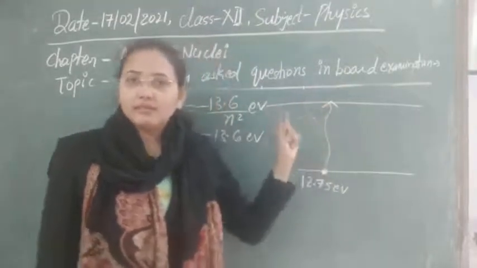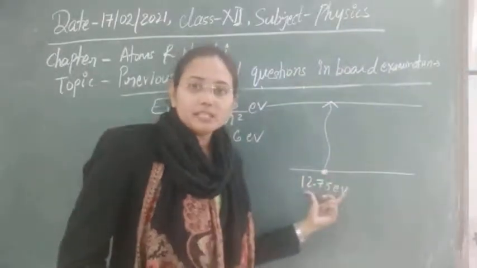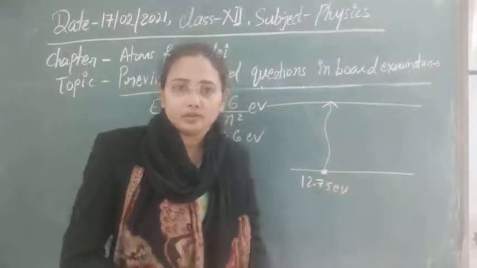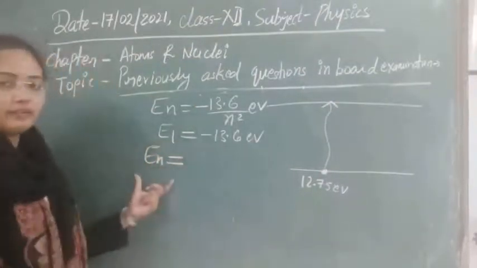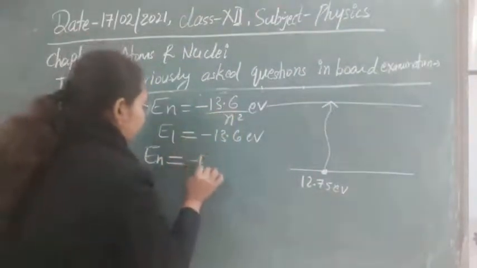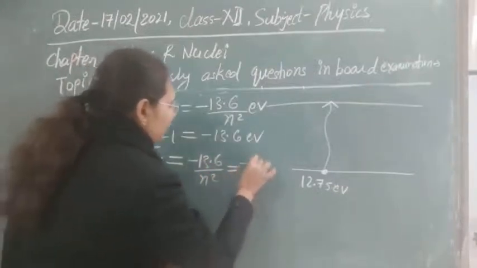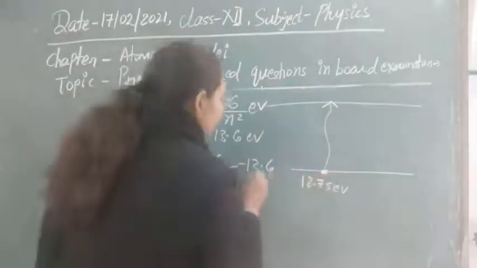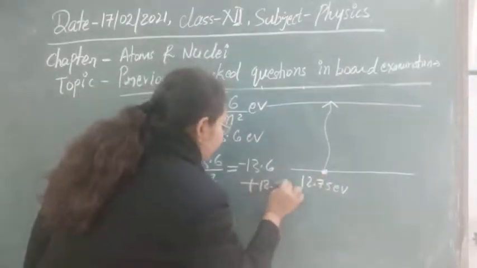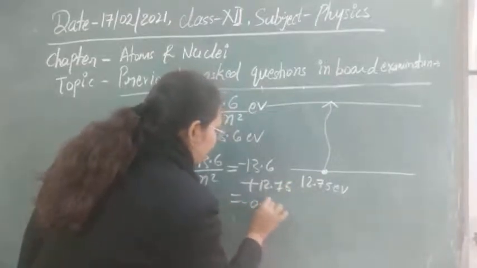So the excited level will have the energy of the first level plus the energy of the absorbed photon. So if En is the excited level, En can be written as minus 13.6 by n square, and it can also be calculated as minus 13.6, the energy of the first level, plus the energy of this photon. So this is obtained to be minus 0.85.